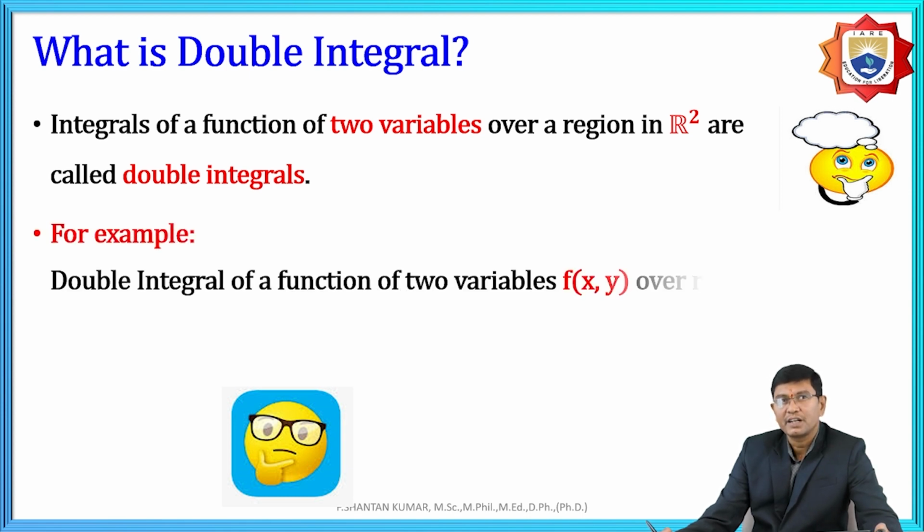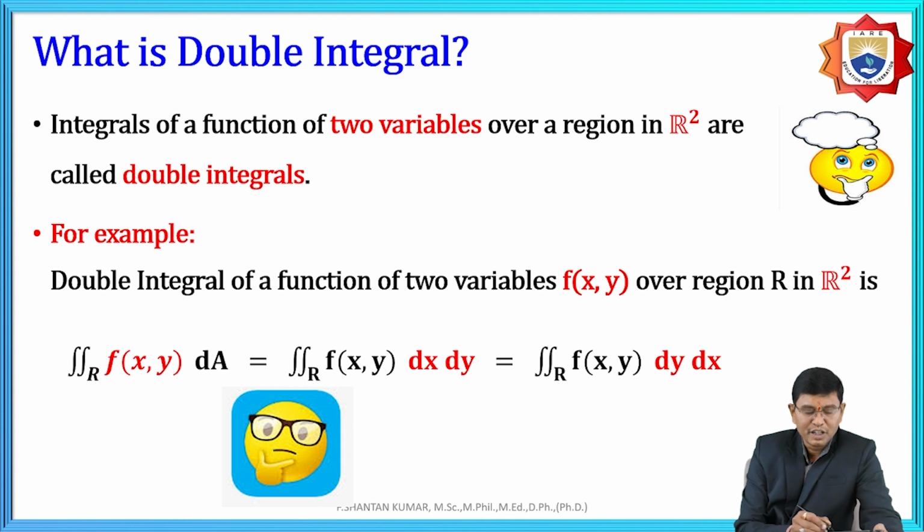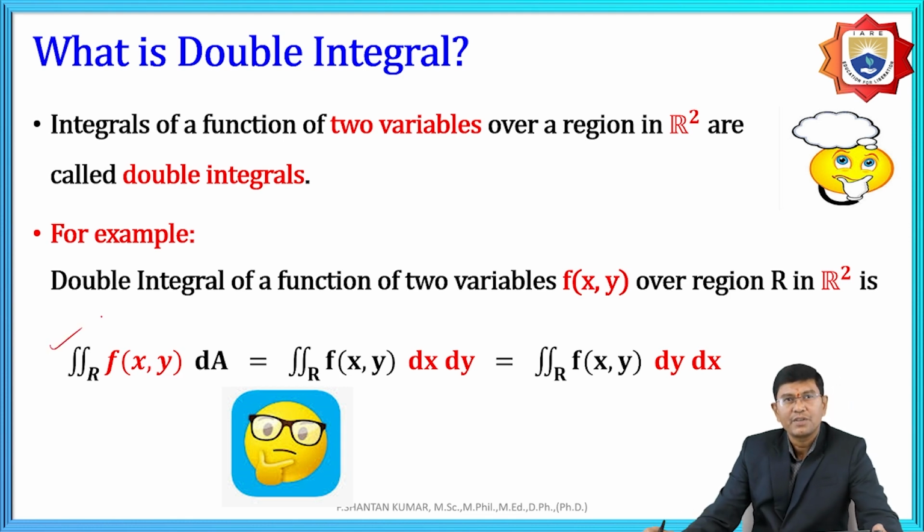For example, the double integration of a function of two variables, that is, a function involving x comma y. Assume that over the region R in R square, the double integration, denoted double integral over R of f of x comma y, gives an area.